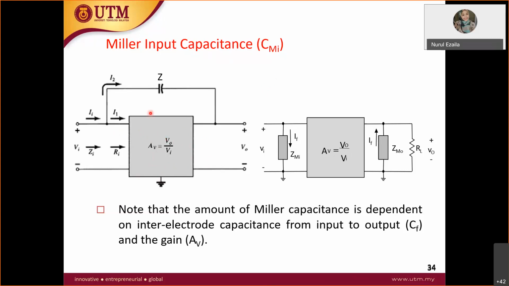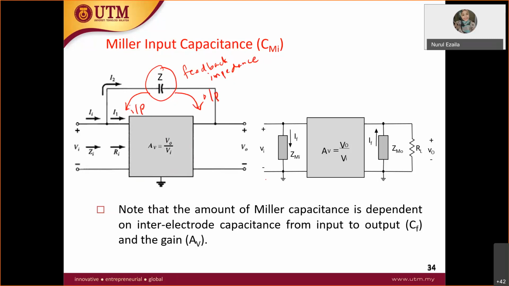The total Miller impedance is the feedback impedance over here. This feedback impedance can be split into two: one at the input of your amplifier model and one at the output of your amplifier model.